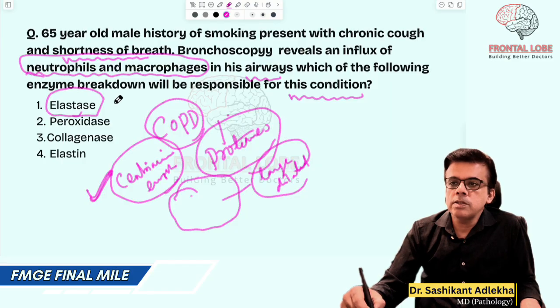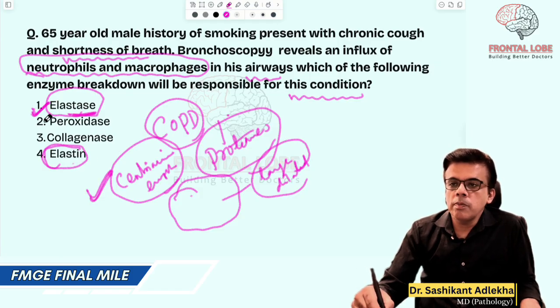Elastase is elaborated by neutrophils and macrophages, and this will break down elastin. Elastin is the fiber and elastase is the enzyme. The enzyme will cause the breakdown of elastin. So elastase is the correct answer over here, which will break down the elastic fibers; elastin is the protein.